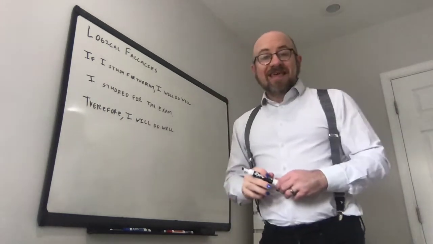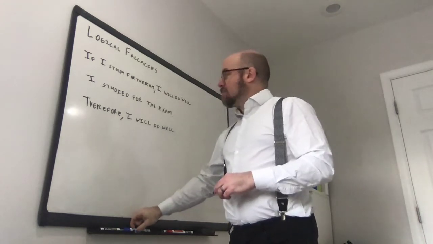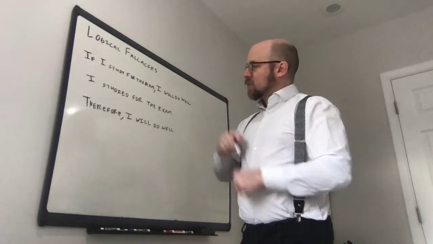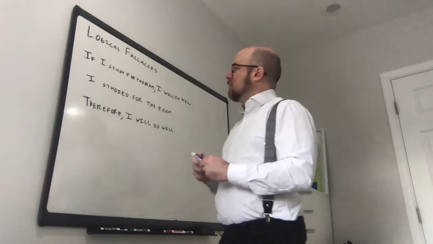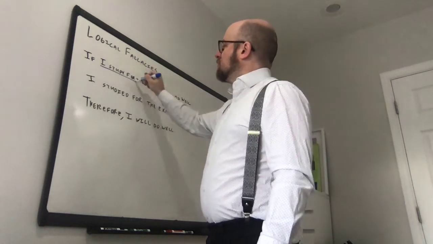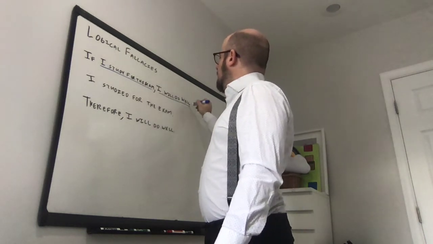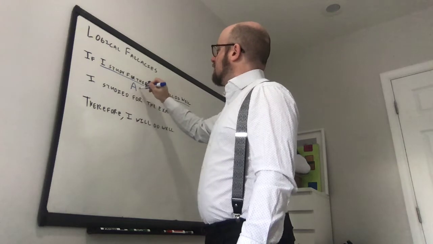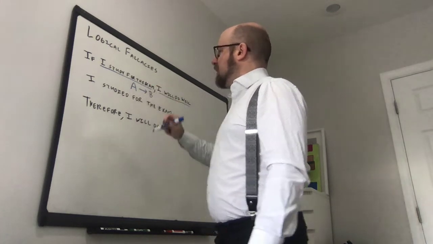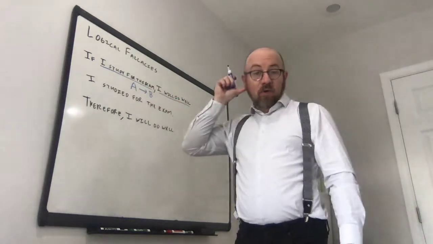Okay? So this is a good logical argument. This is actually logically valid. What we're saying in this particular situation is that our first statement is A implies B. If I study for the exam, which is our A, then B will happen.